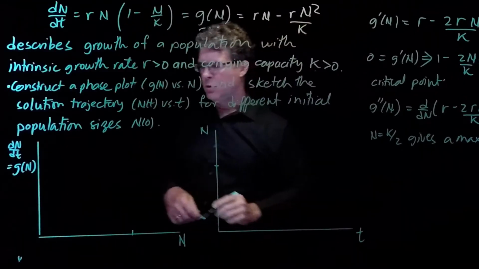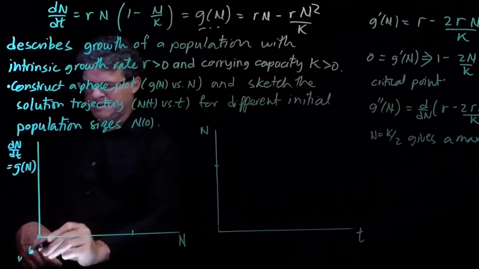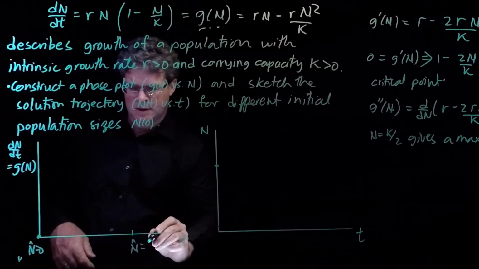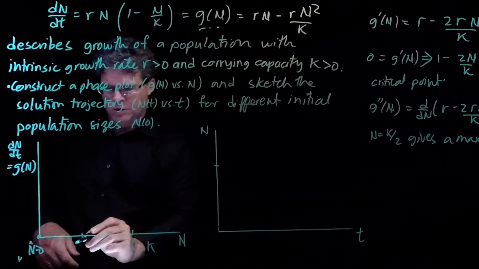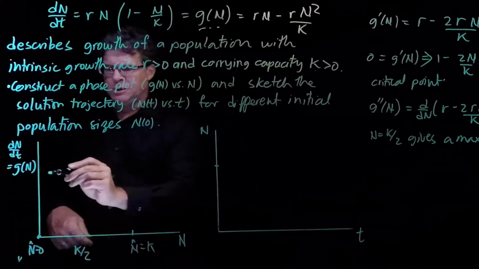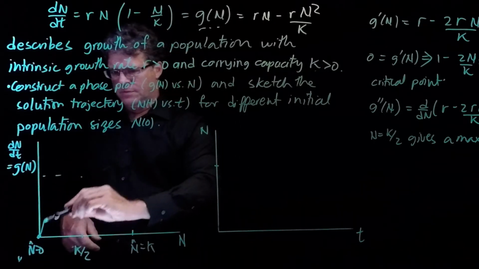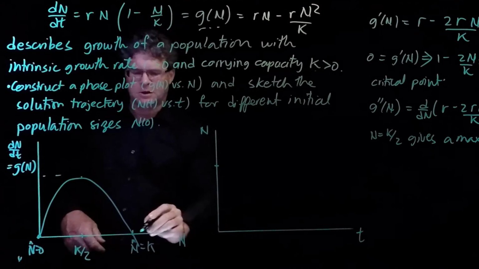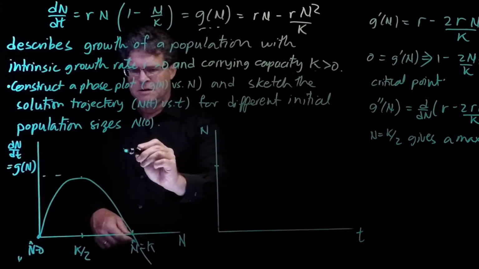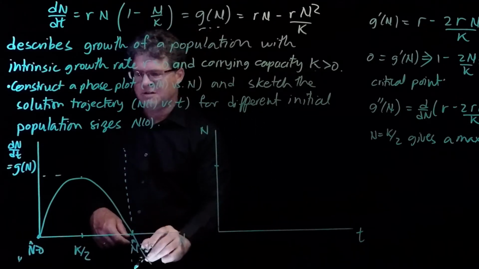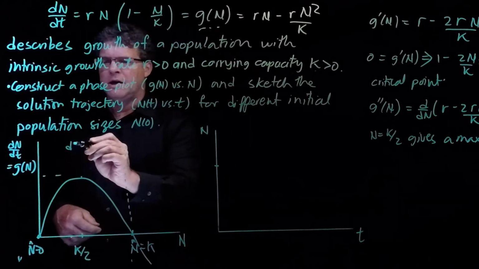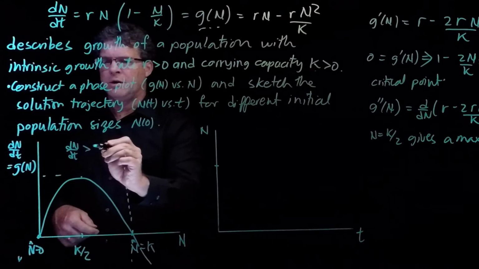Okay, so we have the equilibria at N hat is equal to 0, and N hat is equal to K. Midway, we have the value K over 2, and this is going to be a maximum for g. And so our function looks like this. Okay, so when N is between 0 and K, g will be positive, i.e. dN/dt will be greater than 0.